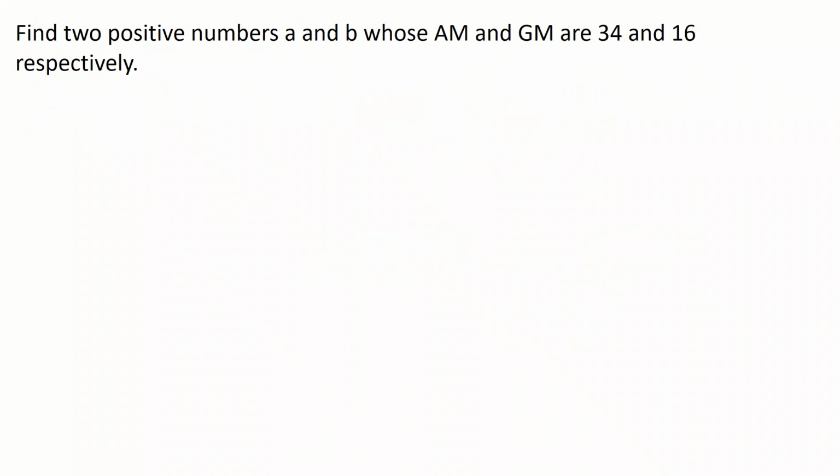Easy one. Now next question, find two positive numbers. They have asked us to find such positive numbers a and b, where a and b are both positive, whose AM is 34 and GM is 16.